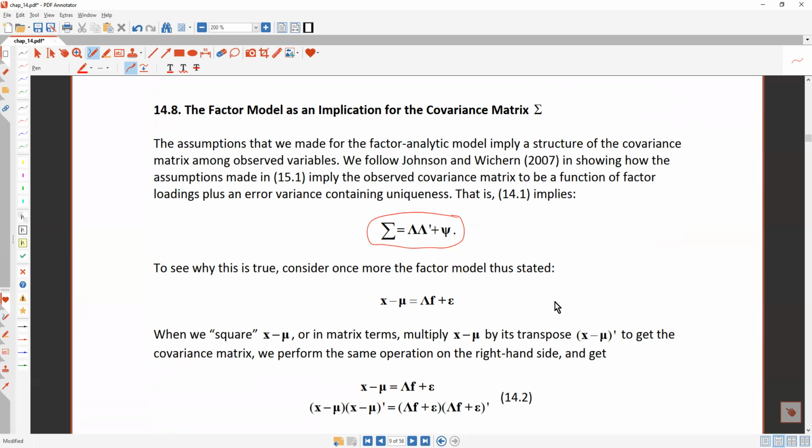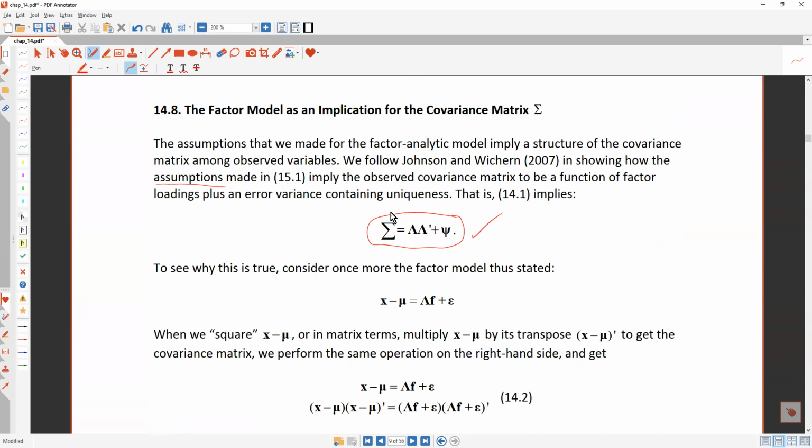We do some work on that model equation and we enter our assumptions, the ones we just glanced over. When you input those assumptions, it implies this. You can think of it almost like an algebraic equivalency: the factor analysis model implies this.